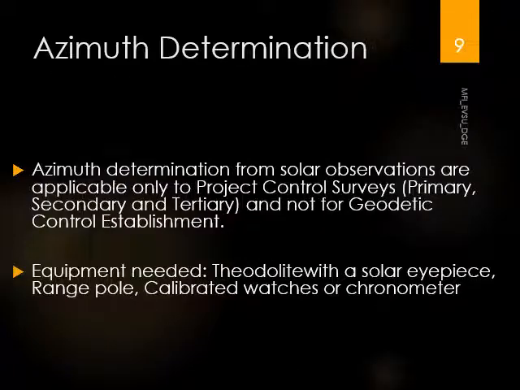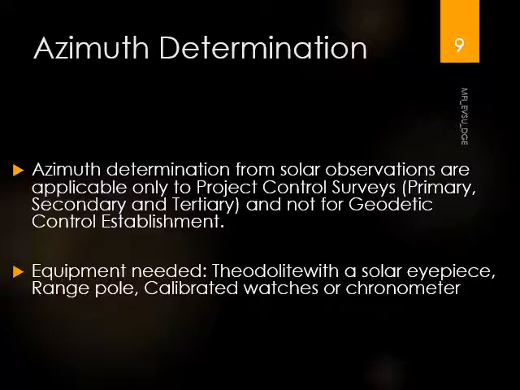Okay? So for the azimuth determination again, the azimuth determination from solar observation is applicable only to project control surveys, o yung maliliit lang na mga control surveys. So for geodetic surveys, we need to use the GPS na.